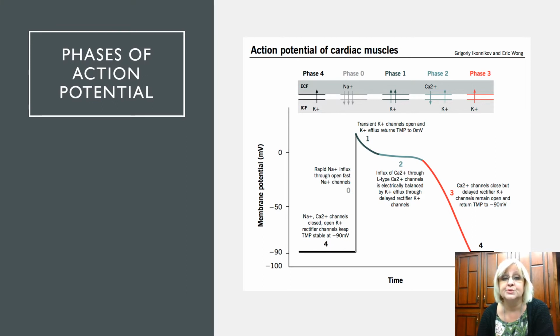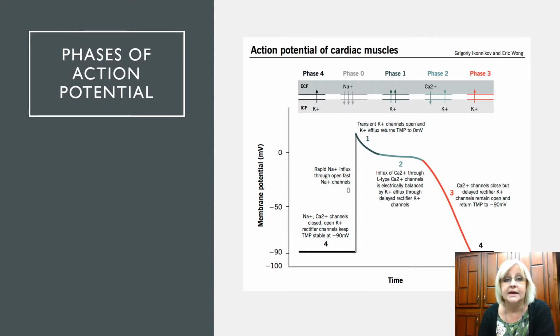In phase 2, the L-type calcium channels are still open with a small inward current of calcium. Potassium leaks down the concentration gradient through delayed rectifier potassium channels. These two counter currents are electrically balanced, and the transmembrane potential is maintained at a plateau near 0 millivolts through this phase.